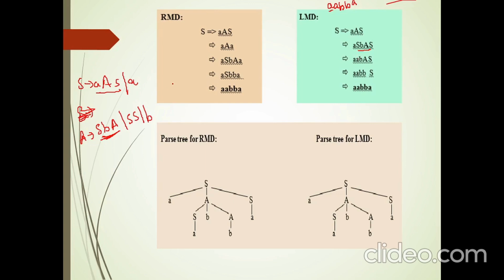Now S can give me again A. So based on this portion, next I have B. Next one to obtain is A. Next character to be obtained is B. So from A directly I can get B. This I got from B. Now already I have obtained two B's. Now I have to get just one A from S. S can give me A.